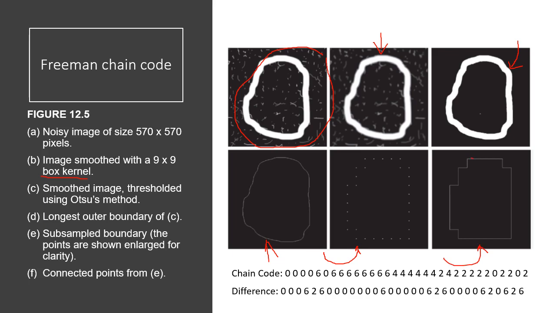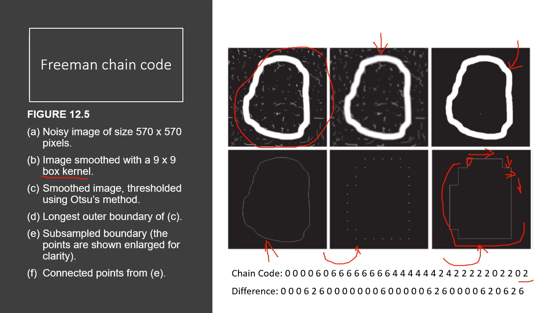So if again we start from the top left corner, then we will have a direction of 0. So we have 0, 0, 0, and then 6 here, and then we have 0 again, going east and then going south for so many times. So we have then 6, and so on until it ends at 0, 2.